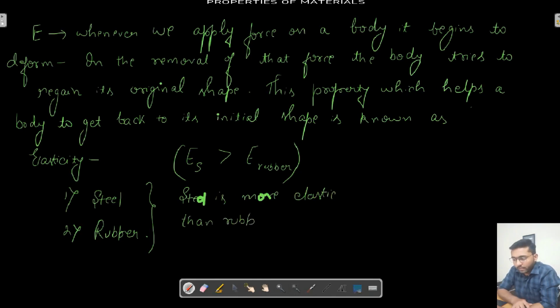We can also understand this difference with a simple example or a simple experiment if we try to perform it. Okay, suppose we have a steel bar, and if we apply force P, alright, there will be a slight change in the length of this bar.